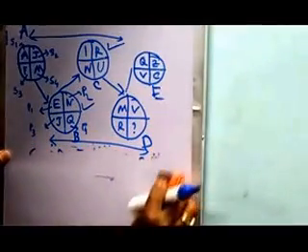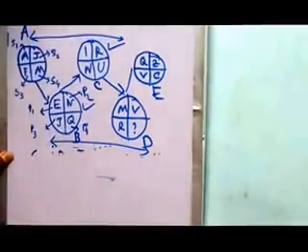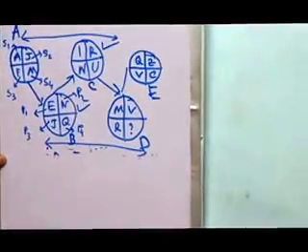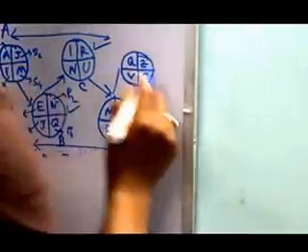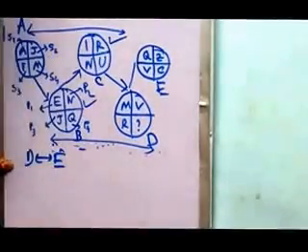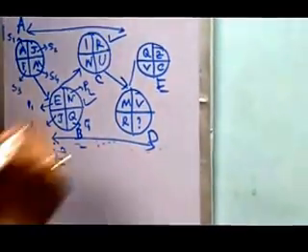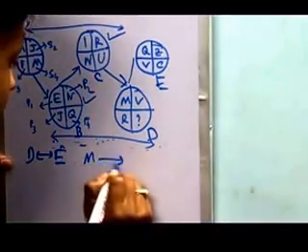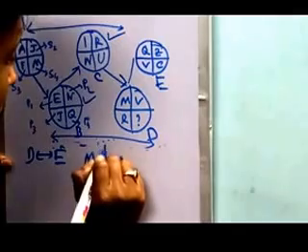Now D and E. What is the relation between the letters put in the circles D and E? From M to Q, how do we go there?